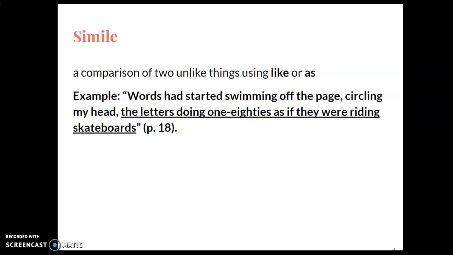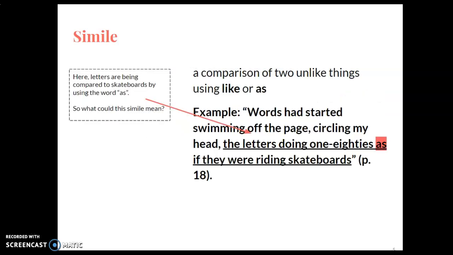For example, page 18 of The Lightning Thief says, words have started swimming off the page, circling my head. The letters doing 180s as if they were riding skateboards. Now we're going to focus on the second underlined part in the sentence for our example. So here, letters are being compared to skateboards using the word as.